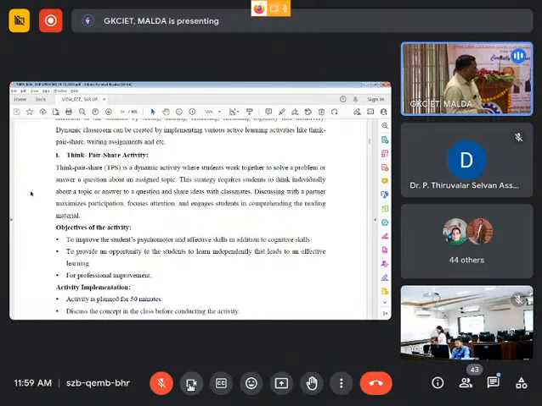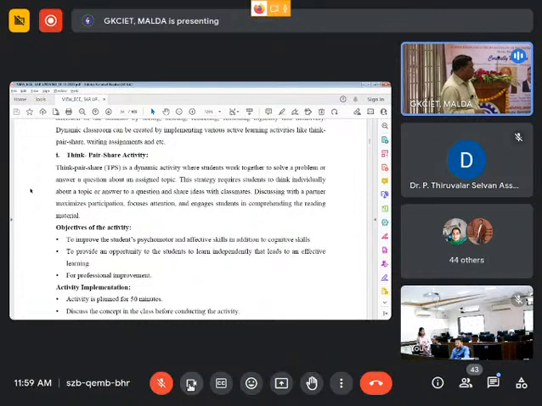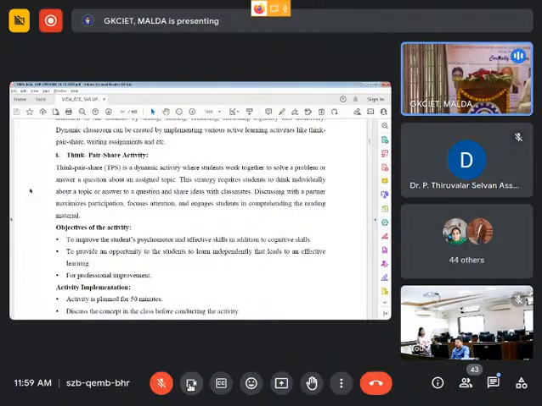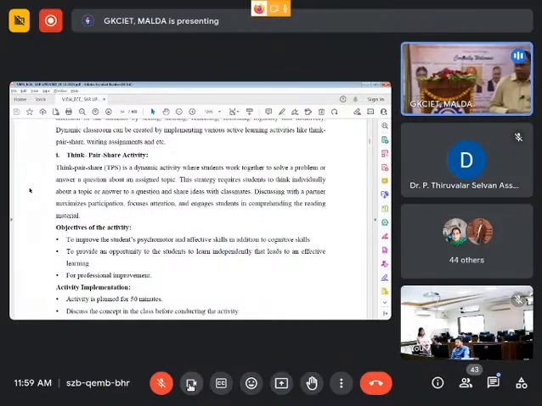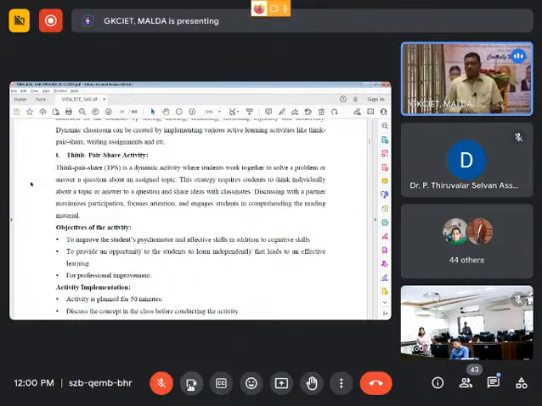The strategy requires students to think individually about the topic, to answer the question and share the ideas with a classmate, discuss with a partner, maximizing participation, focusing attention, engaging students in comprehensive reading. So it is like individual learning within a group. There is an individual contribution, there is a group contribution. So both, this think pair activity helps.